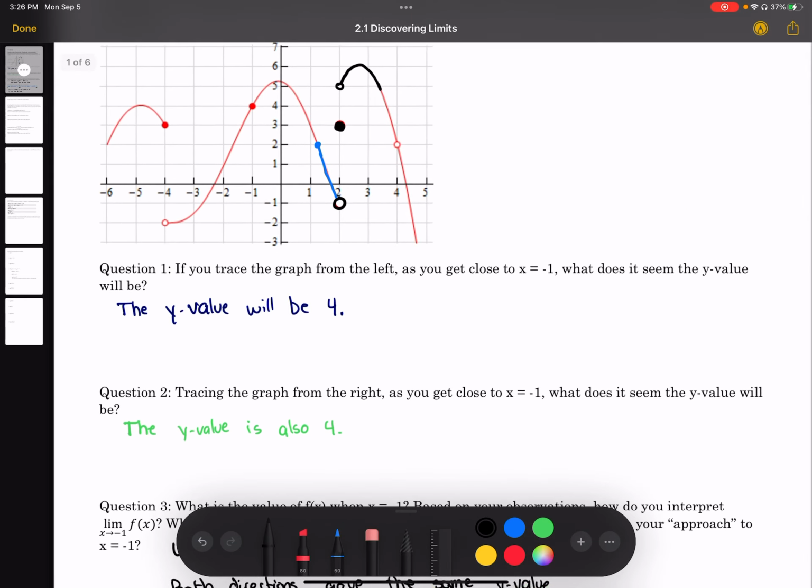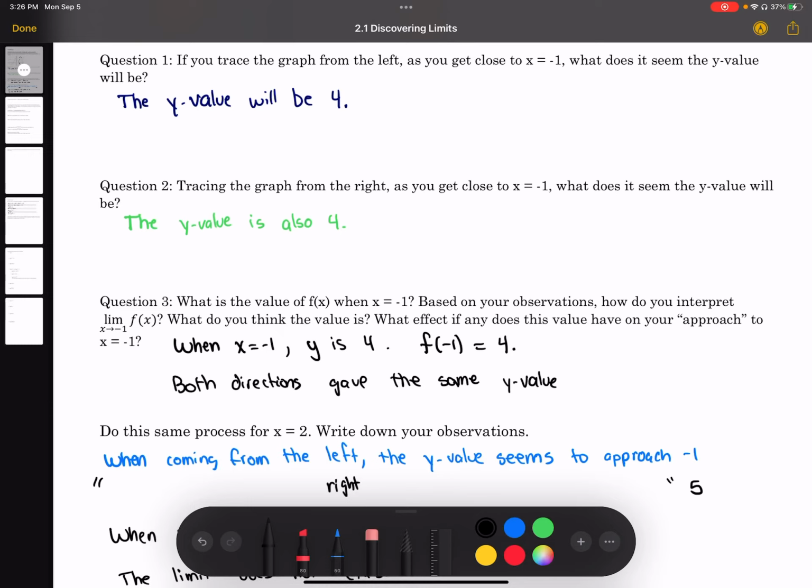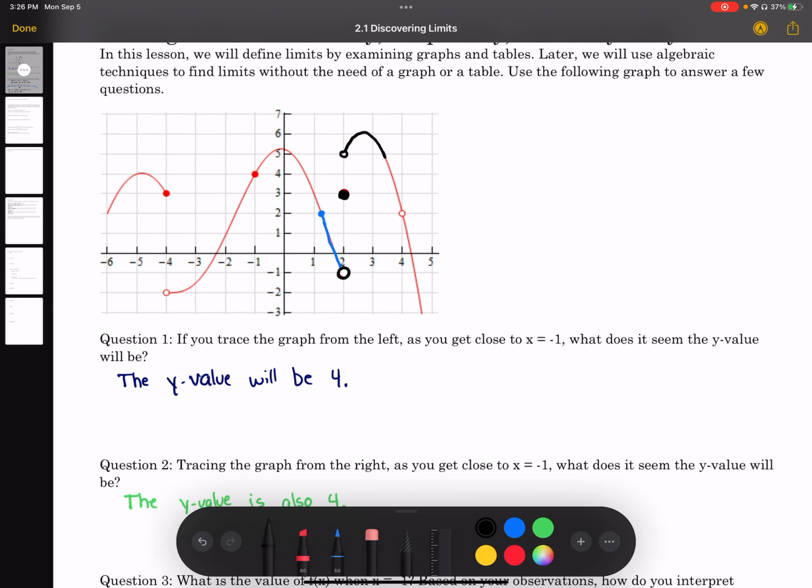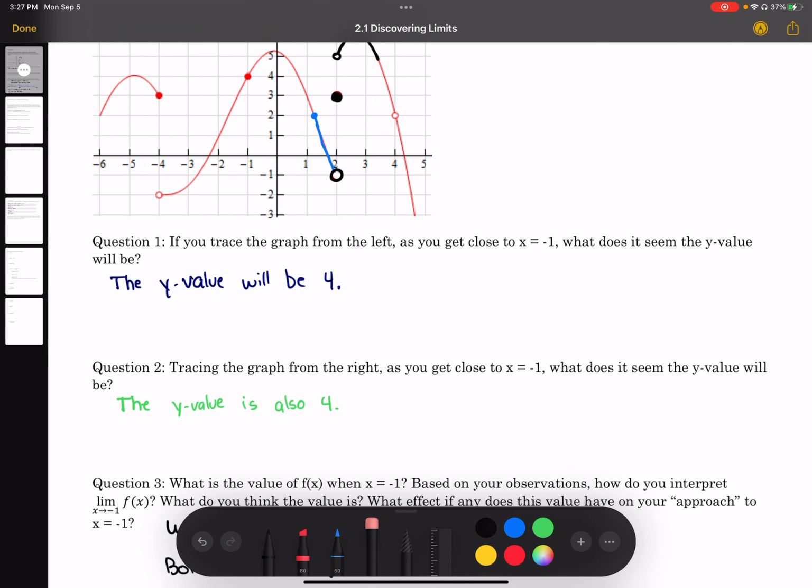Lastly, do this same process for x equals 4. When we approach 4 from the right and left, it seems as if our y values target the value of 2.